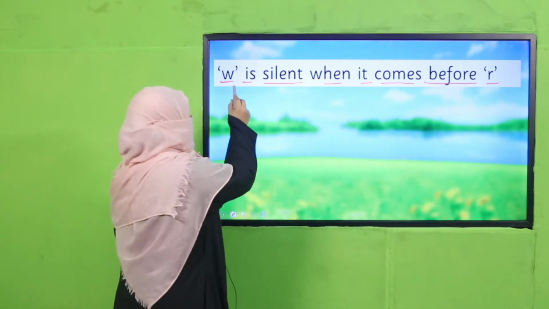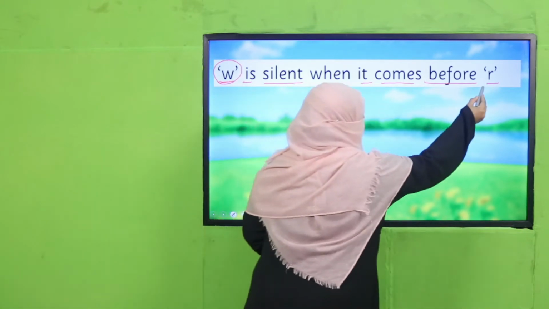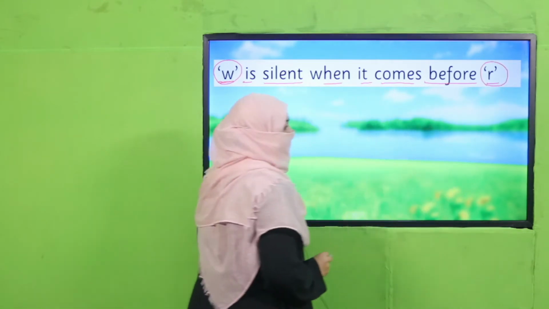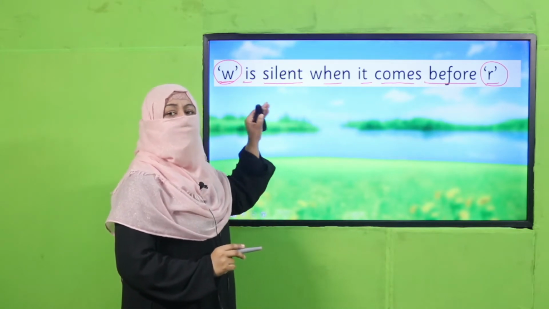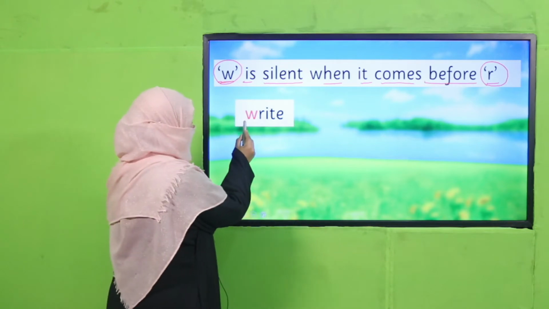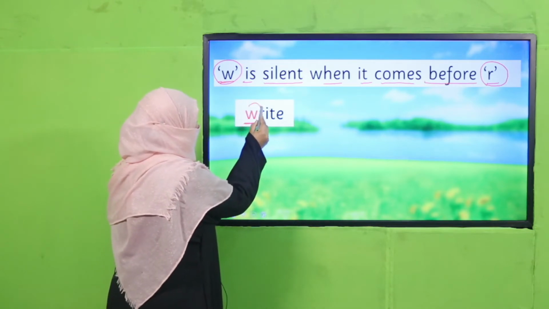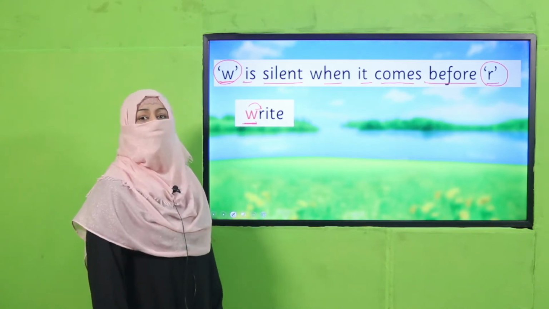Means when you see there is W in a word and there is R after W, W will not be pronounced. For example, here, W is there and it is followed by R. So this W is silent. That's why we say write.